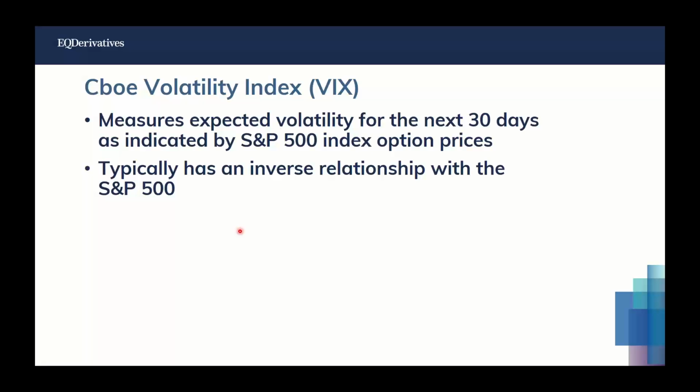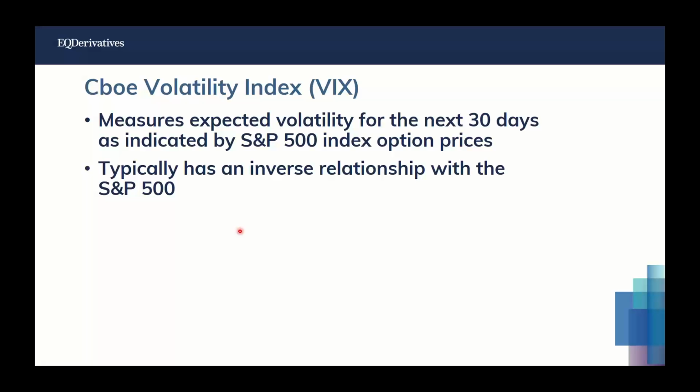So VIX is nothing more than an index that gives us a consistent measure of expected volatility over the next 30 calendar days with respect to the S&P 500. Option pricing is based on a bunch of different factors, one of them being how much volatility is expected out of the underlying market.